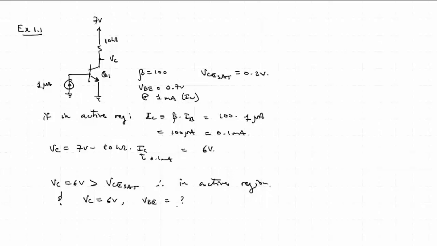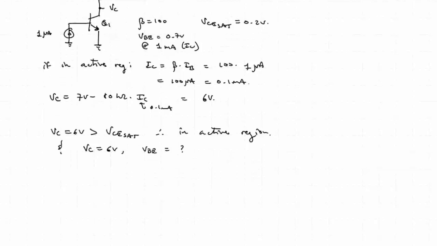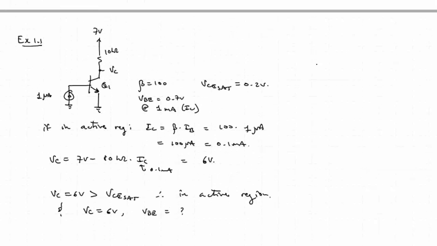we would have to do a little bit of work here. So let's see, how might we solve that? Well, we could write that IB is equal to IS over beta times e to the VBE over VT.